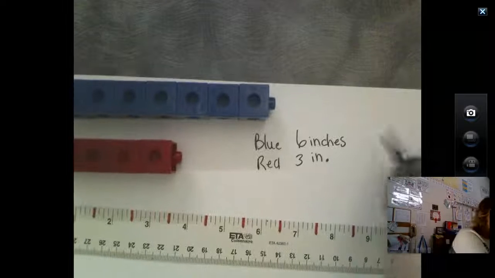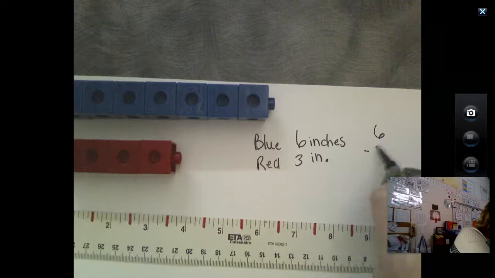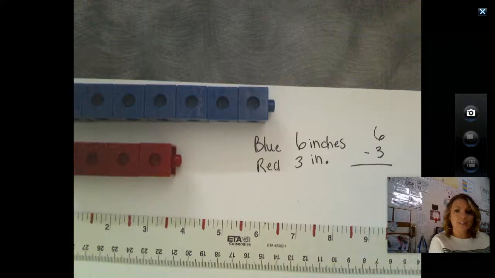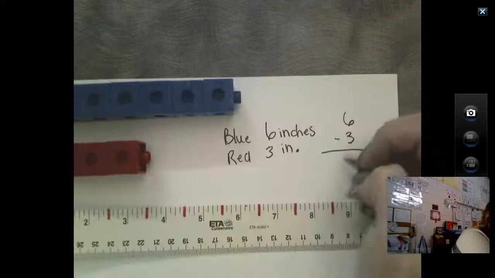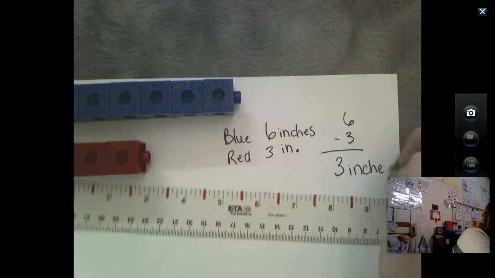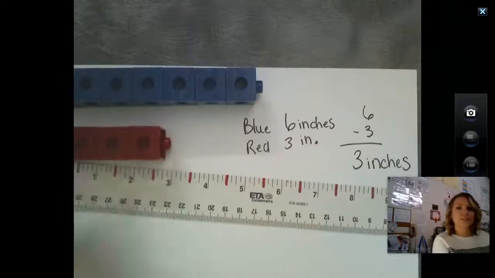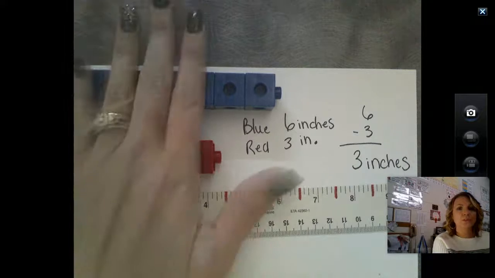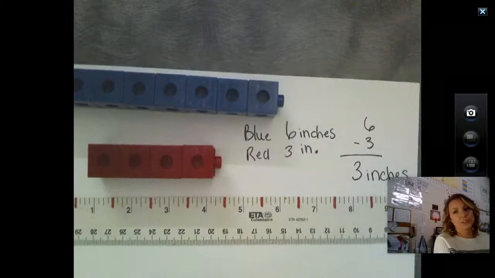So I'm going to say 6 minus 3 to figure out the difference in my two lengths. Okay, boys and girls, what is 6 minus 3? 3, that's right. So I would say the difference is 3 inches. It's 3 inches is the difference when I compare my blue and my red cubes, boys and girls.